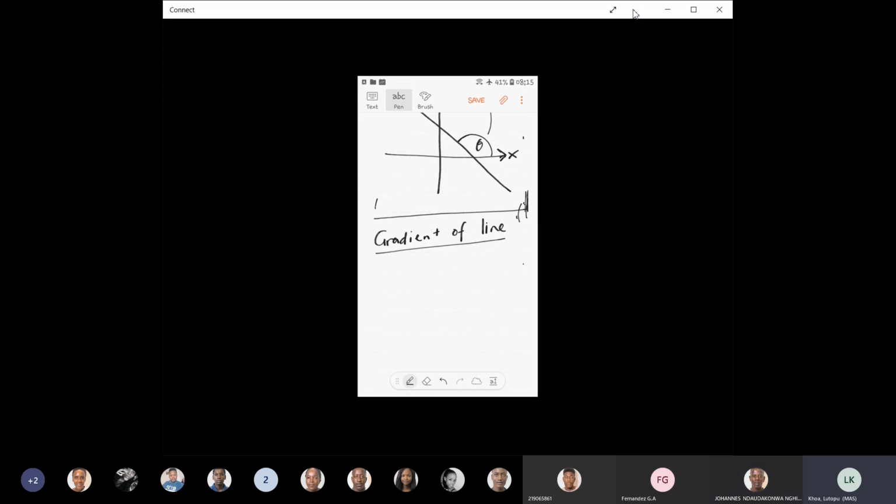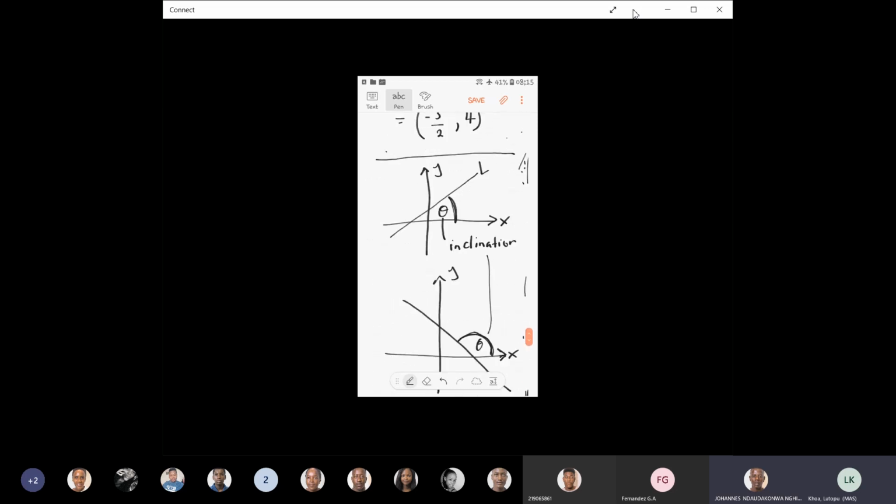So we say m, small m, that is how we denote the gradient. This is actually equal to tan of theta. So if you know the angle of inclination like we do over there, you take tan of theta, and then that is your gradient.